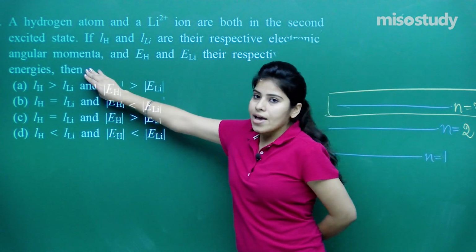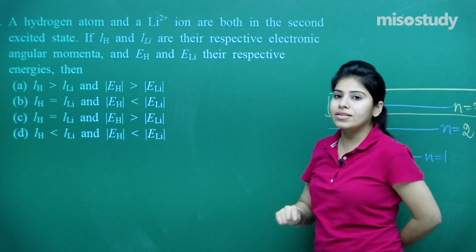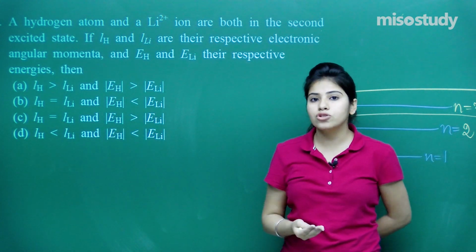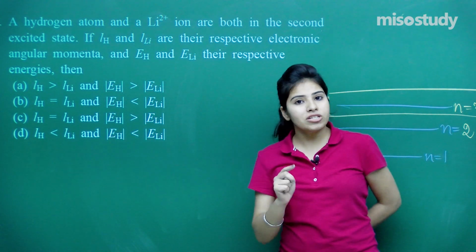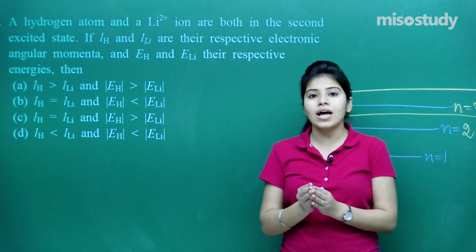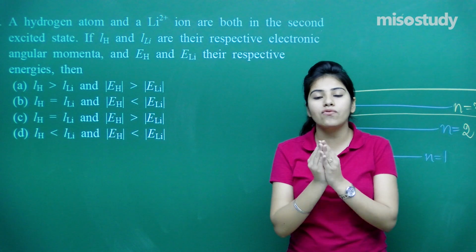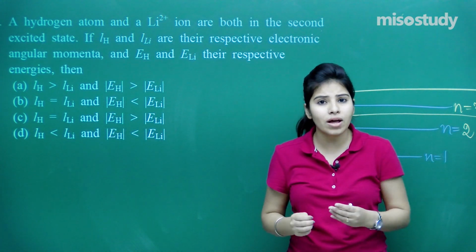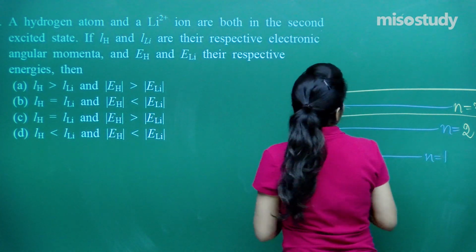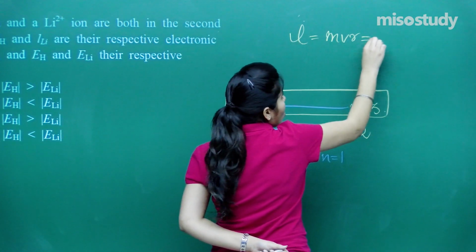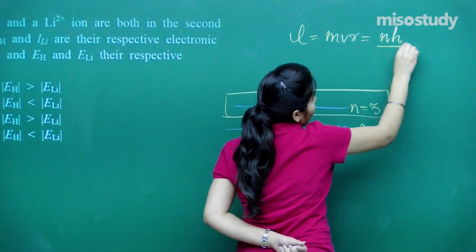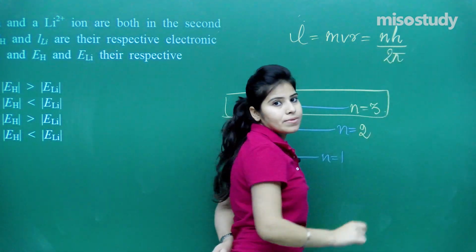These both are the angular momenta and these both are the energies, and we have to tell the relation between these two. Let me tell you one thing. We have one formula of angular momentum. What is this formula? We have learnt it in the chapter. Let me write over here L equals mvr, or you can write it as nh upon 2 pi.